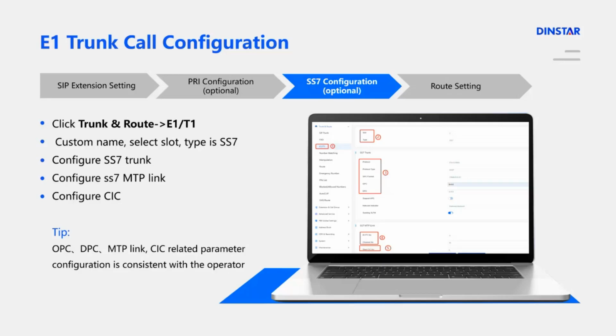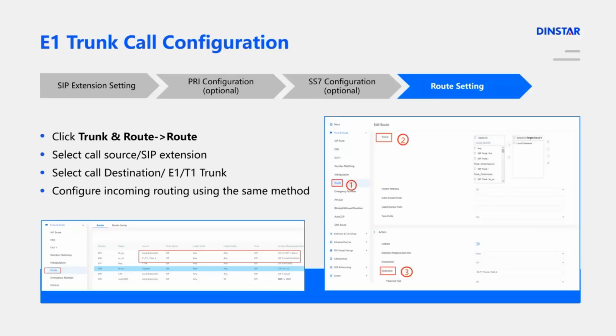And the last step, we have to link the extension to the E1 trunk. So we have to set the route. We set the call source. For an outbound call, we set the source as the SIP extension and the destination as the E1 trunk.